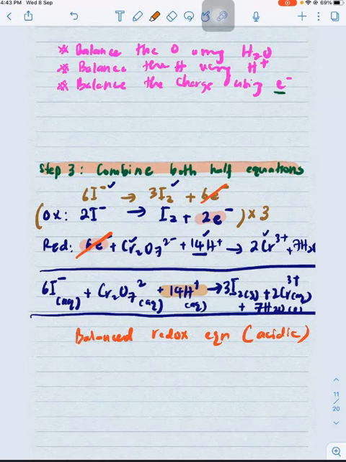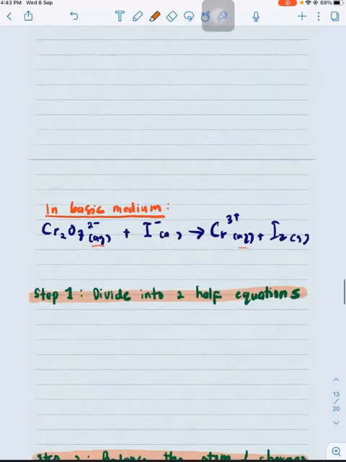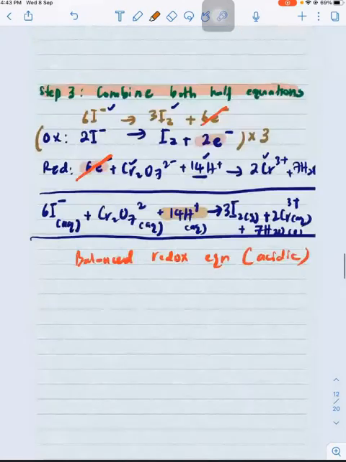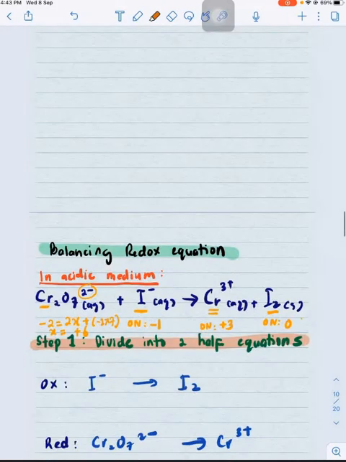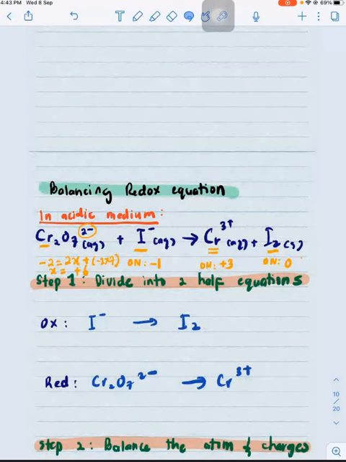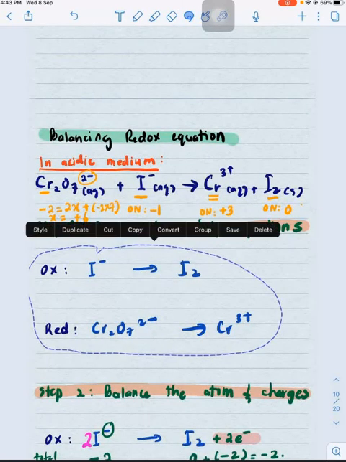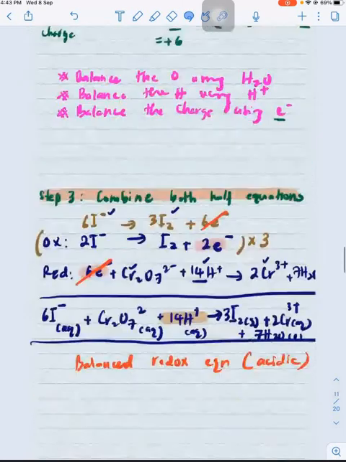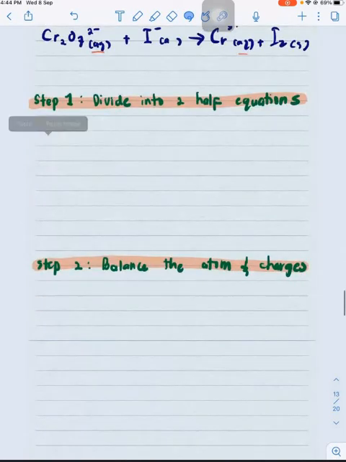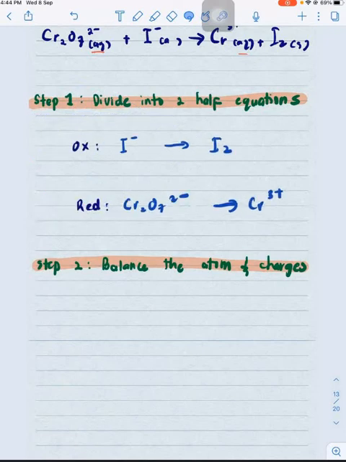Tetapi kita tahu balancing redox also can take place in basic medium. So you just imagine soalan yang sama tetapi dalam case ni kita nak balancekan dalam basic medium. So step pertama kita sama. So you can see that madam akan copy je daripada sini sebab dia akan ada step yang sama saja. Okay, this is our step yang pertama.